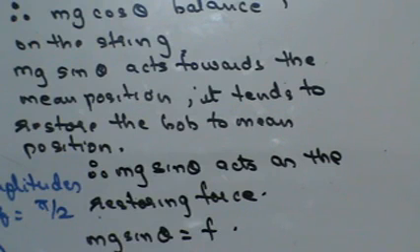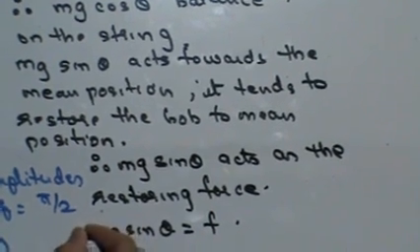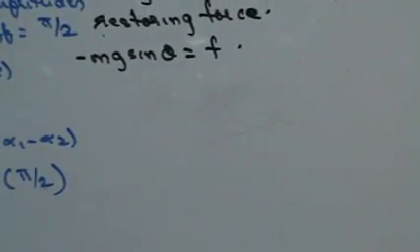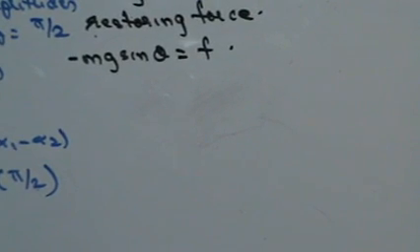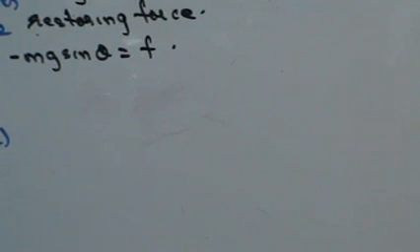Right? Once I have this, then I can say that F is equal to minus mg sin theta. The negative sign in the expression indicates that the direction of theta increase is opposite to the force. The force is acting in this direction and theta is going to increase in the other direction.